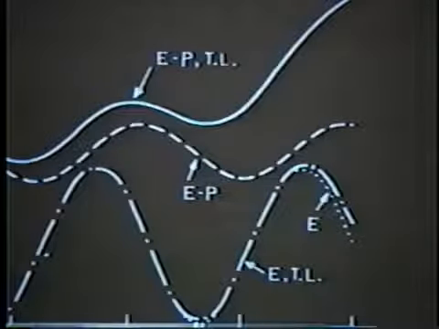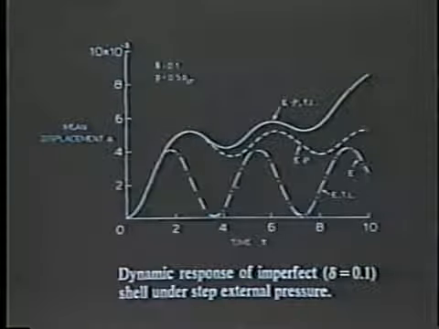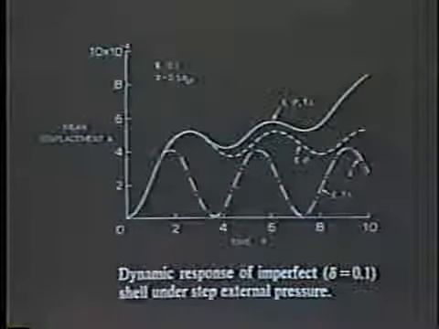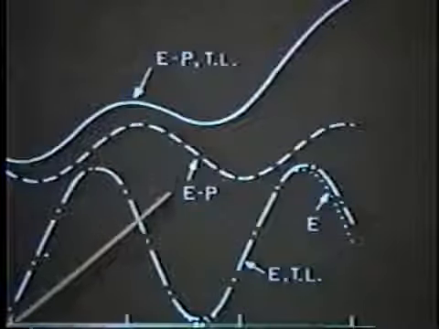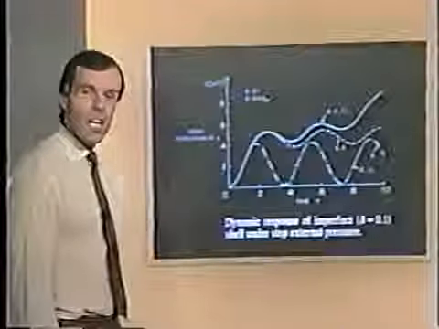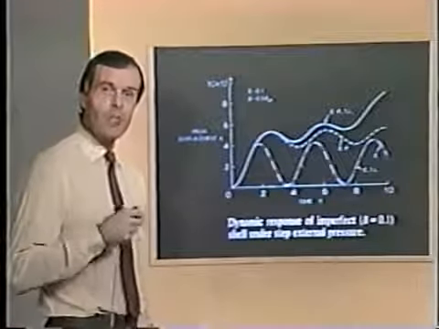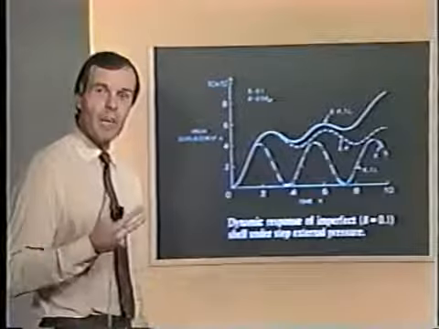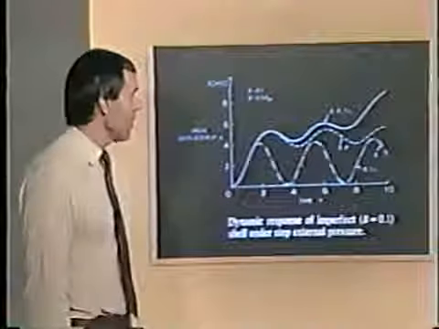Therefore, the shell is unstable under this pressure application. Of course, dynamic pressure application now. Notice the other solution results are given here. Therefore, we now can play with the imperfection level and with the load level in order to estimate the load carrying capacity of the shell for each of these cases.